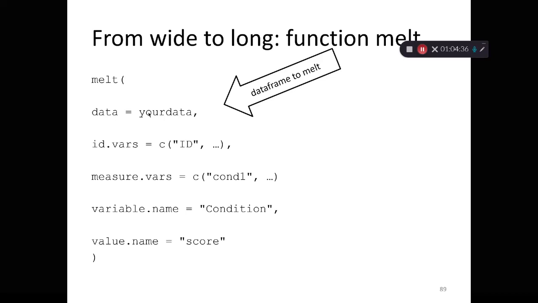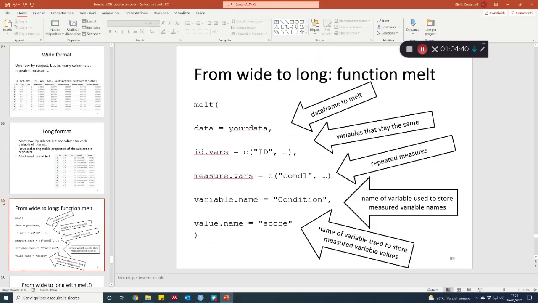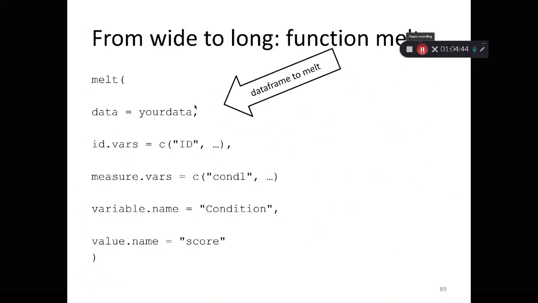To do this, you can use the function melt. The function melt is in the package reshape2. Melt works like this. You call the function melt, you give it your data as input to the data argument. Then you can define some ID variables. What are ID variables?